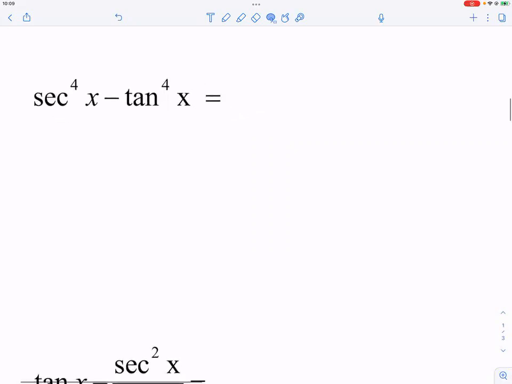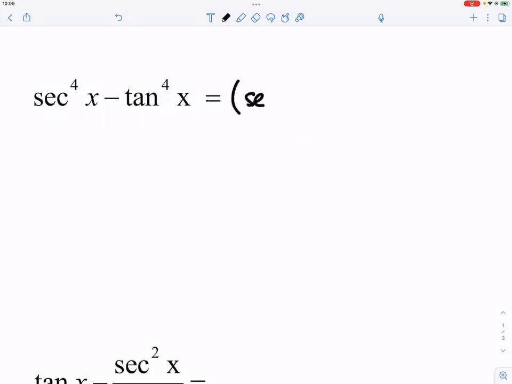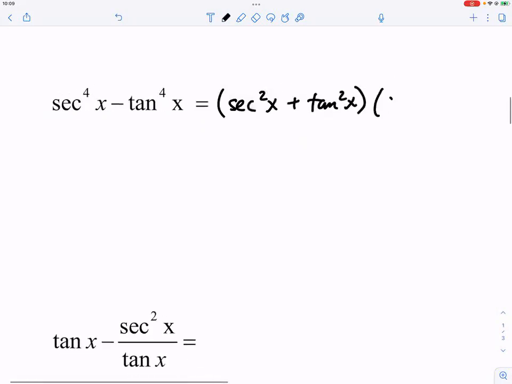So if you absorb the experience from the earlier question, then you would know that this is secant square x plus tangent square x, and then secant square x minus tangent square x.